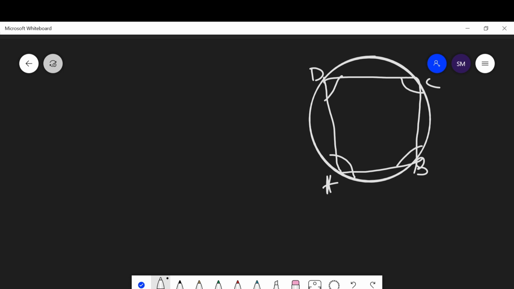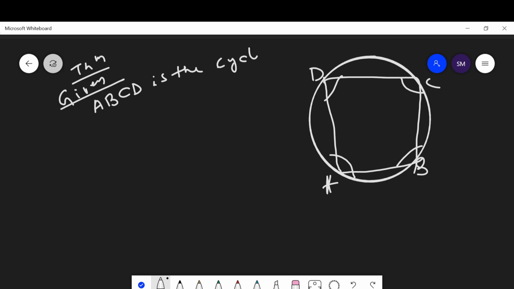Here we have to prove that the opposite angles of a cyclic quadrilateral are supplementary, or their sum is 180 degrees. Given: C is the circle, and ABCD is the cyclic quadrilateral. Cyclic means the quadrilateral is inscribed in the circle, with all four vertices on the circle.